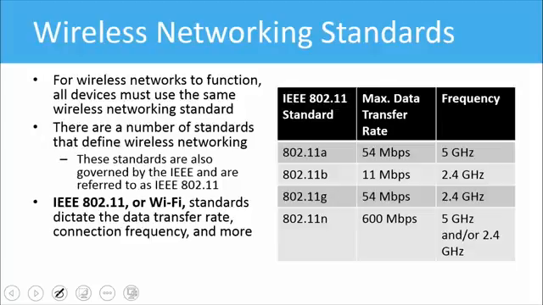So let's take a look at this chart over here on the right. I've taken this exam a couple different times, and I've seen content from this particular chart multiple times. It's really important. A little odd fact, just so you know, is 802.11b was the first wireless standard created.